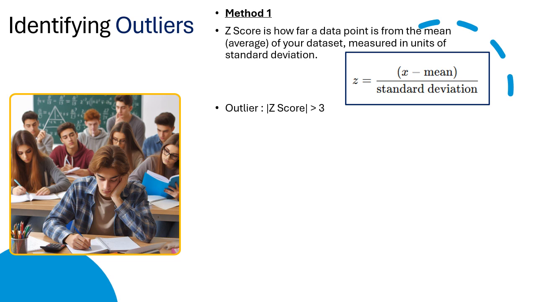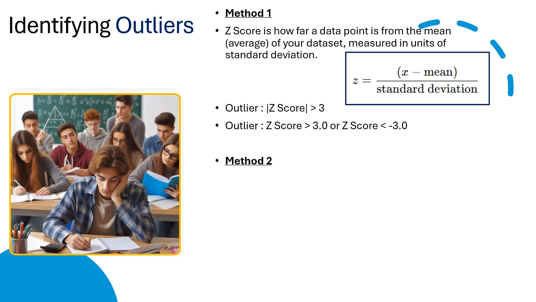Whenever the absolute value of the Z-score is larger than 3. In other words, if the positive Z-score is above 3, or the negative Z-score is less than negative 3, then it is an outlier. So basically, if you are confident enough that the data is normally distributed, you can use the Z-score right away.